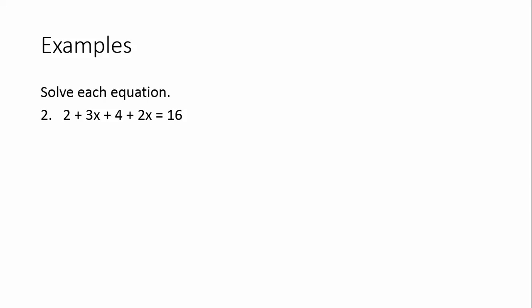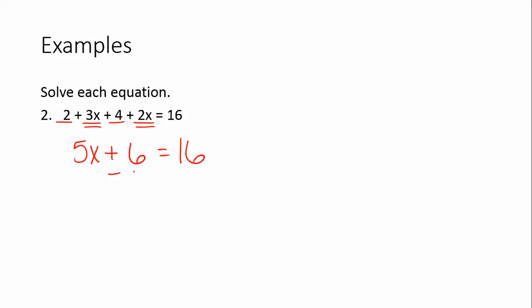Number 2, we have 2 plus 3x plus 4 plus 2x. Here we have 2 pairs of like terms. We have the positive 2 and 4. We also have the 3x and the 2x. I'm going to go ahead and combine the variables first. That's 3x plus 2x is 5x. 2 plus 4 is 6, positive 6, so it's a plus sign, equals 16.